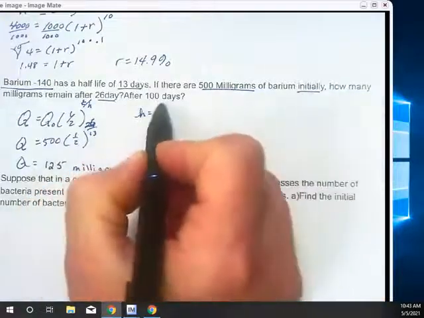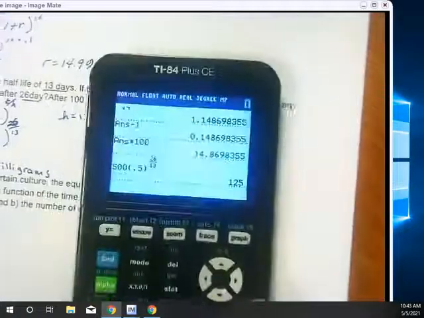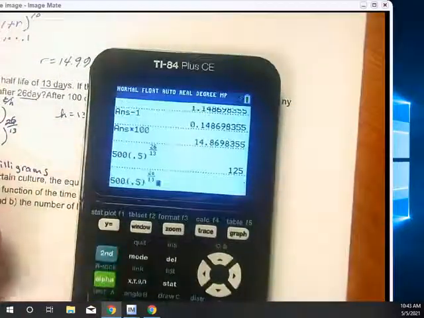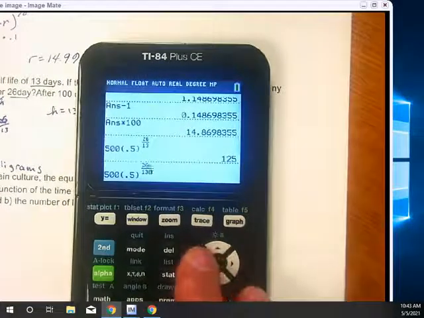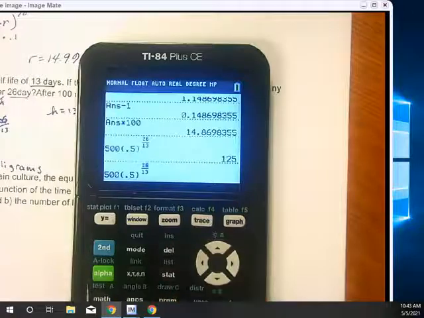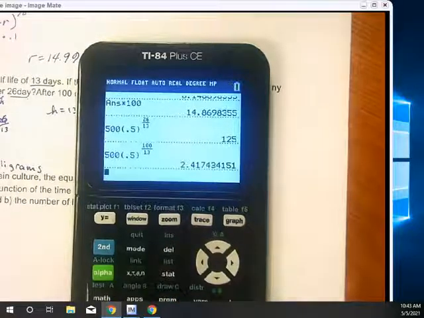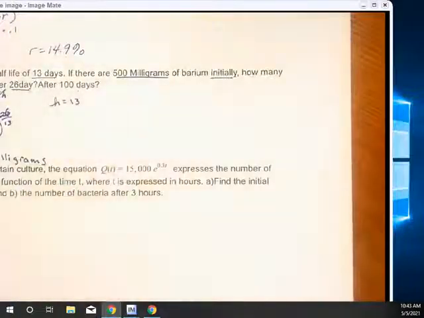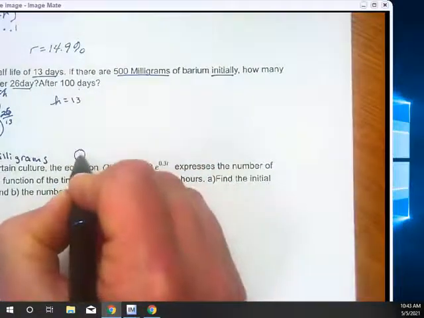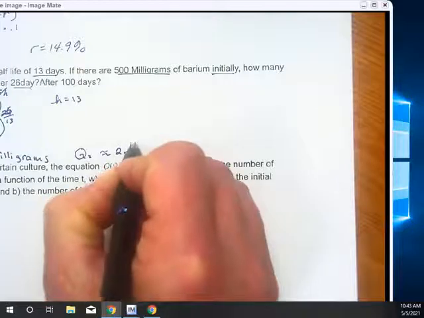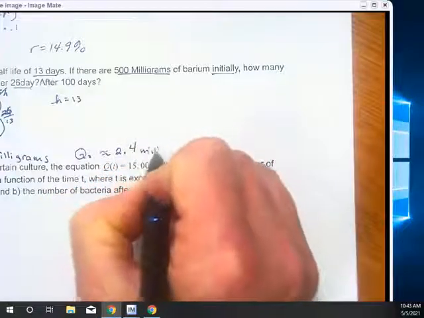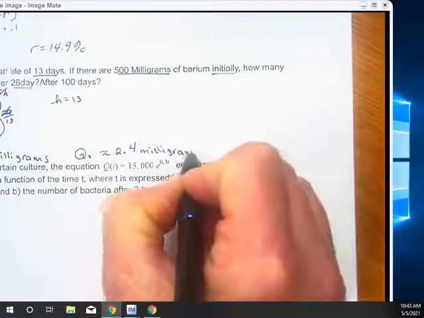All right, I'm going to do the same thing. This time I'm going to do after 100 days. I've already got it in my calculator. I'm just going to push the blue button and enter. And I'm going to change the 26 to 100. The second answer I have is approximately 2.4 milligrams after 100 days.